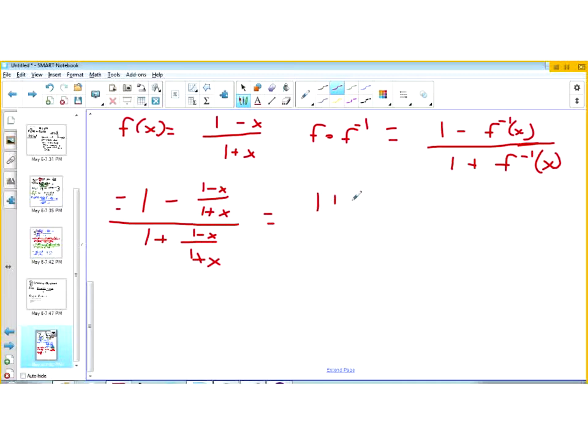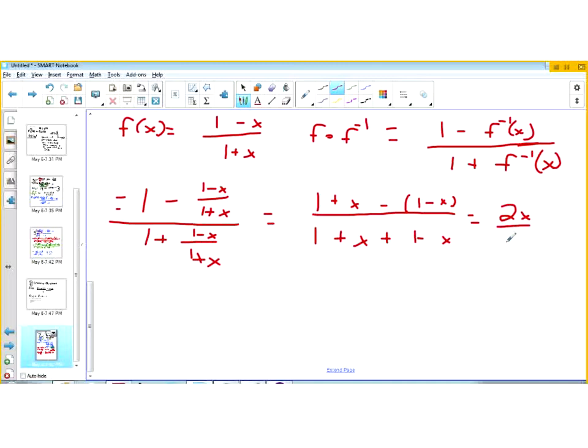So I'm going to multiply upstairs and downstairs by 1 plus x. So we'll have 1 plus x minus 1 minus x quantity, divided by 1 plus x plus 1 minus x.